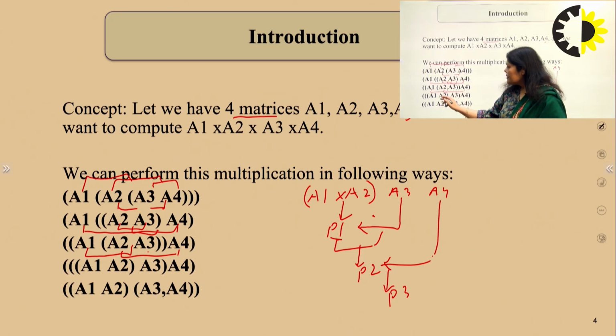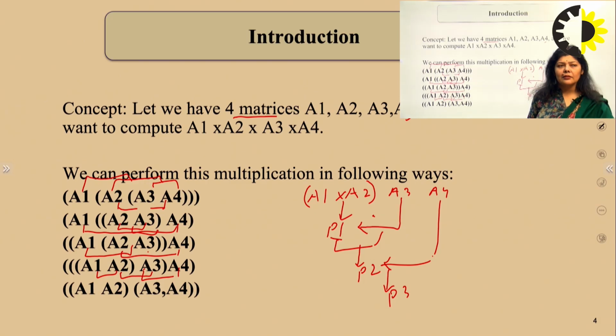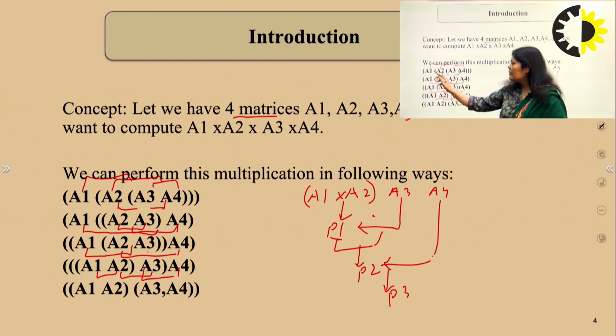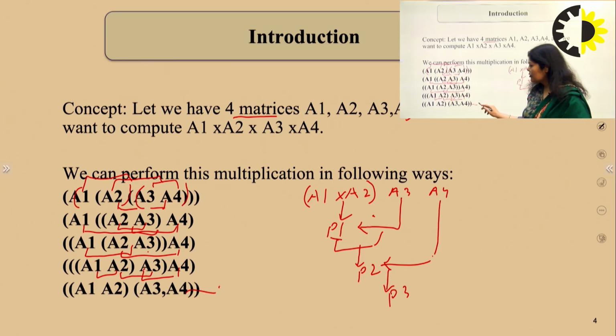In another sequence, I can first multiply A1 and A2 together, then the product of this is multiplied with matrix A3, and then the product generated from here is multiplied by A4. The final sequence is that I can pick up A1, A2 first, then pick up A3, A4. I get two different products, and I multiply those products to get the product of this chain of multiplication.